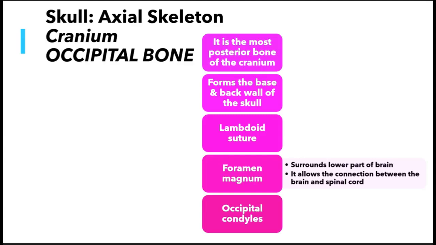Occipital bone. Your occipital bone and parietal bone meet, or are joined, by the suture known as your lambdoid suture. We also have your foramen magnum. It is a large opening in the base of the occipital bone.